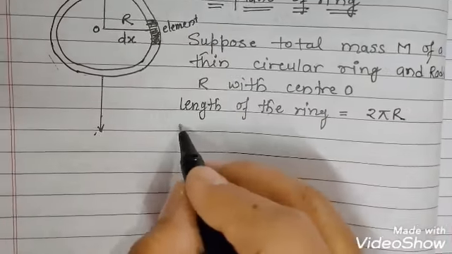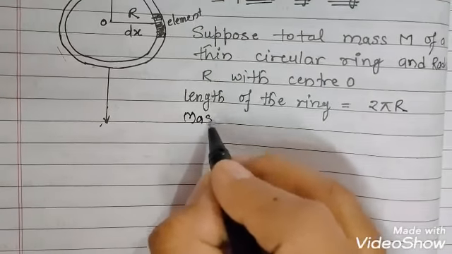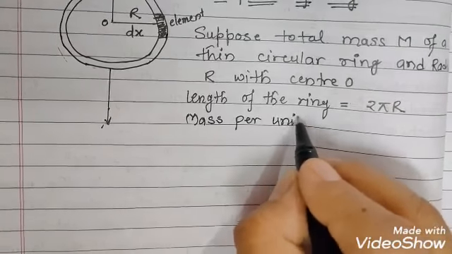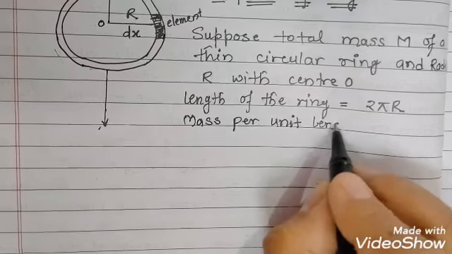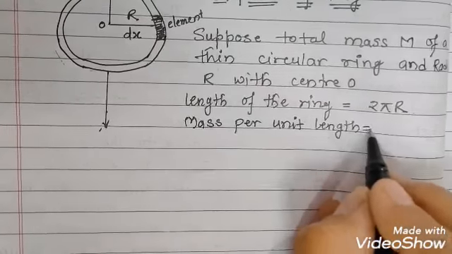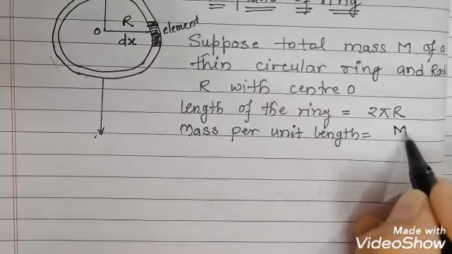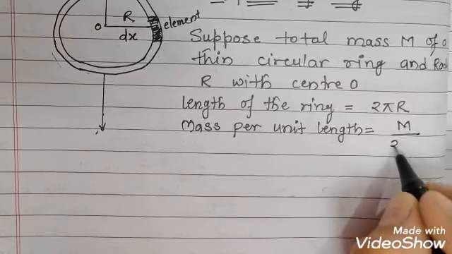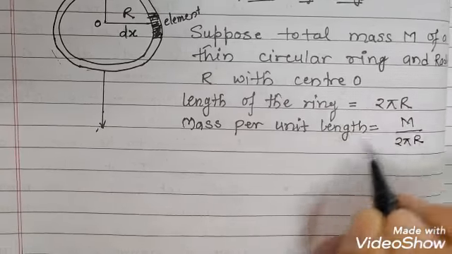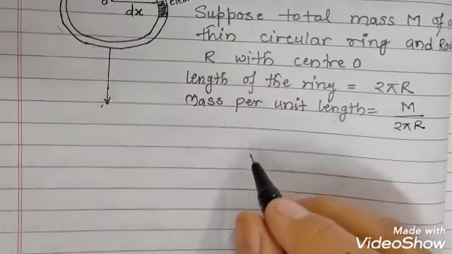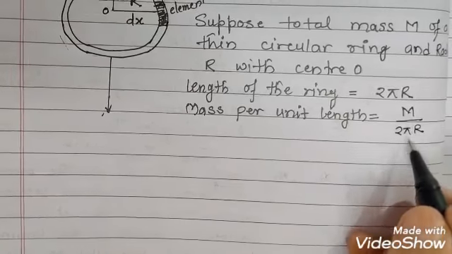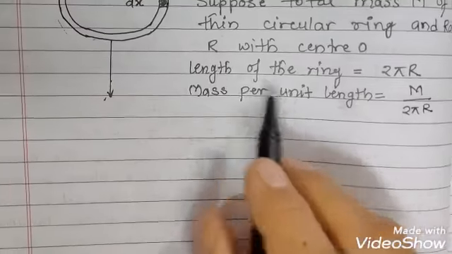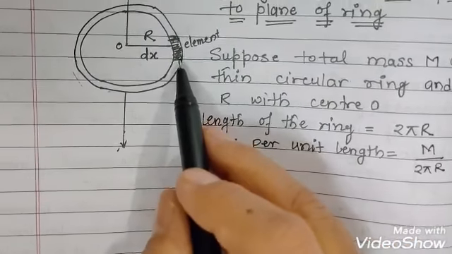Now we'll see mass per unit length. Mass per unit length will be equal to the total mass m upon the total length of the ring, which is 2 pi r. So mass per unit length will be equal to m upon 2 pi r. Why are we taking this? Because we have to find out the mass of the element.